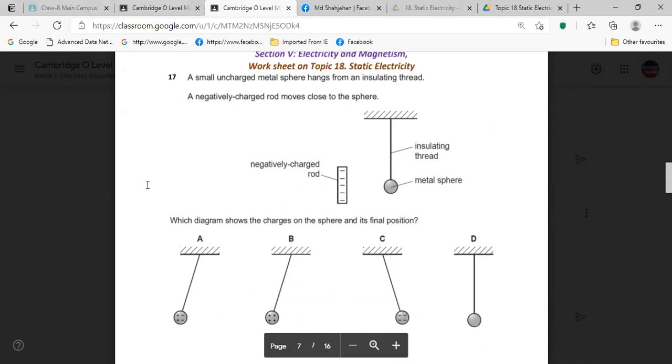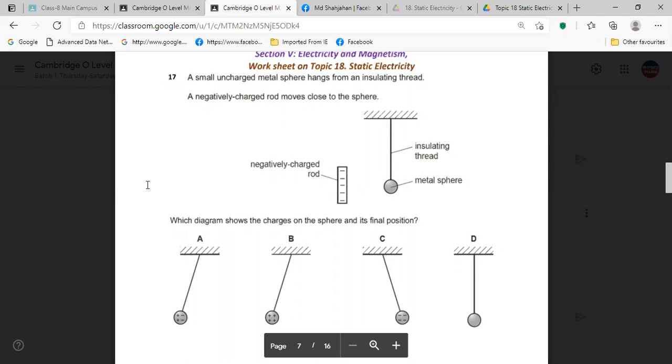We are having here a negatively charged rod. So the metal sphere will be attracted, right? This is the first idea. It will be attracted, isn't it? Yes, sir. And why is it attracted? It's like magnetism.